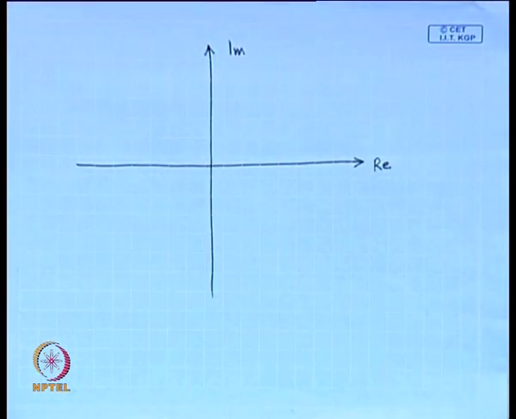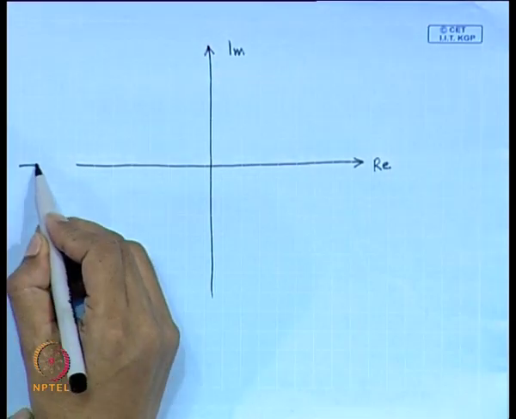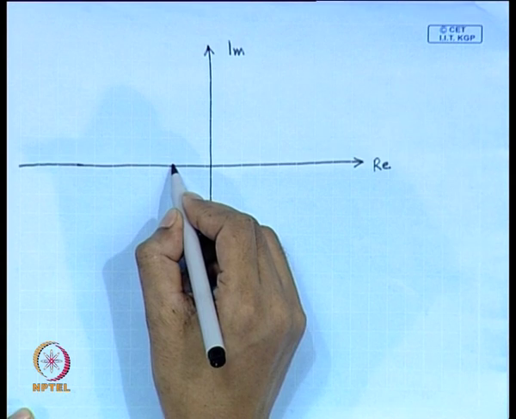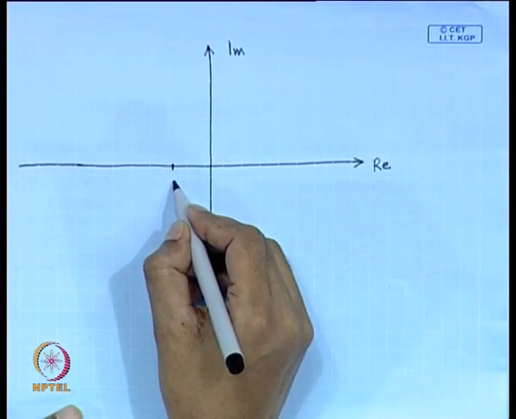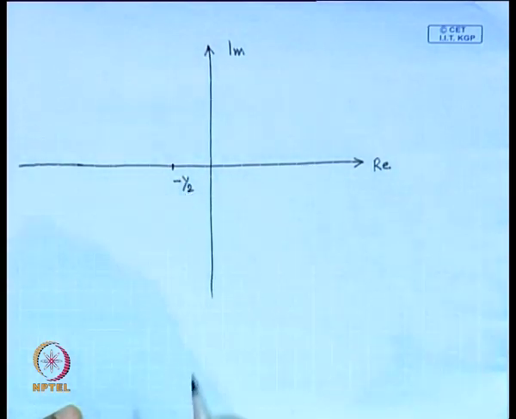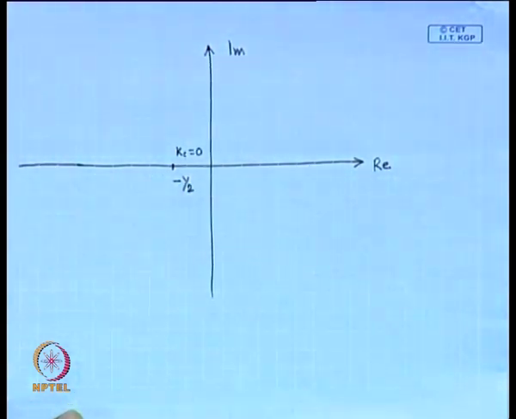When Kc is equal to 0, R1 is minus half. Say R1 is minus half indicates this point. R1 is minus half and the corresponding Kc value is 0.